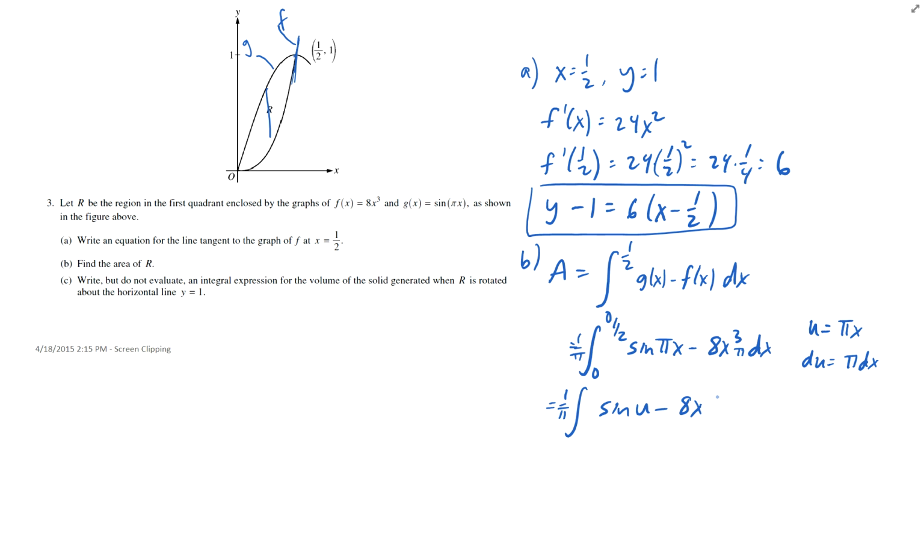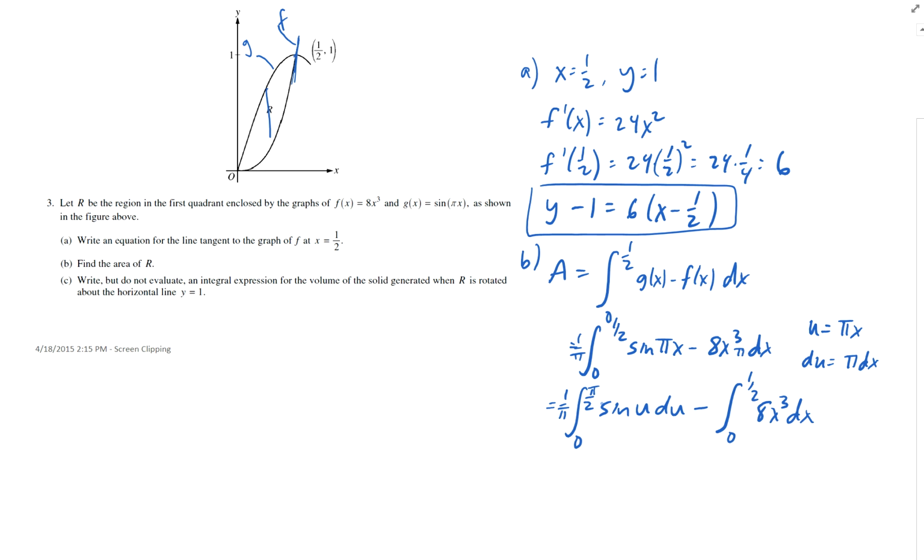I'm going to have to split these up. Sorry about that, I should have caught that right away. Sine of u, and then this pi dx is going to be du, minus, and I'm going to leave this one alone, the integral from 0 to 1/2 of 8x cubed dx. And so 0 goes in for x, so that's going to be 0, and 1/2 for x is going to be pi over 2.